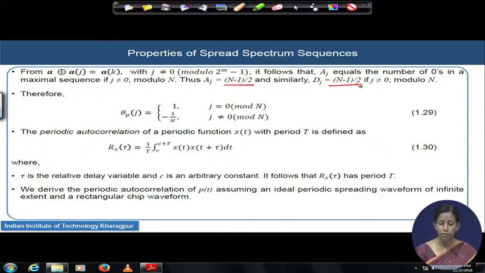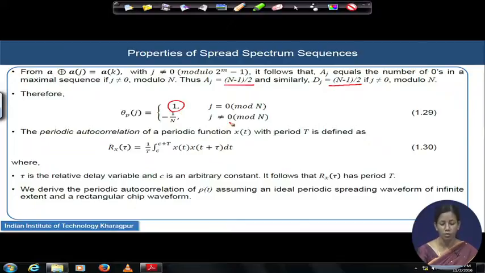And therefore, if we substitute these values in the equation of theta p j in the last slide, for j equal to 0 there will be perfect correlation and the correlation value will go up to 1.